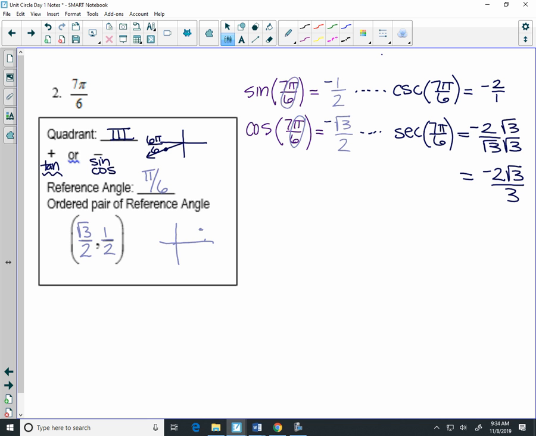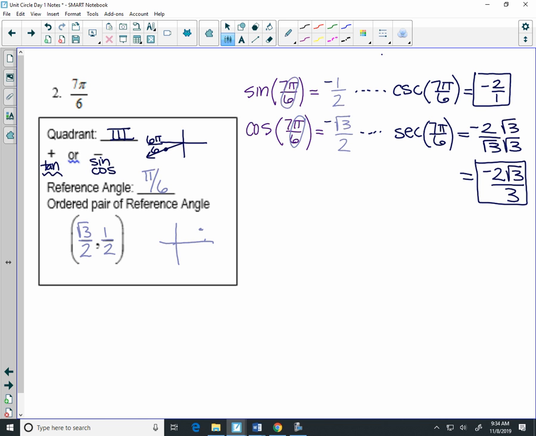When you do all 6 of these, sine, cosine, tangent, and their reciprocals, every one of the problems is going to look like this. Most of them are going to have your 1/2s and radical 3 over 2s, and it's nasty when you flip radical 3 over 2. But 1/2 kind of makes up for it. Kind of a nice one.